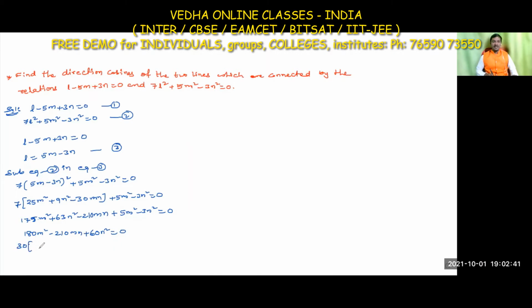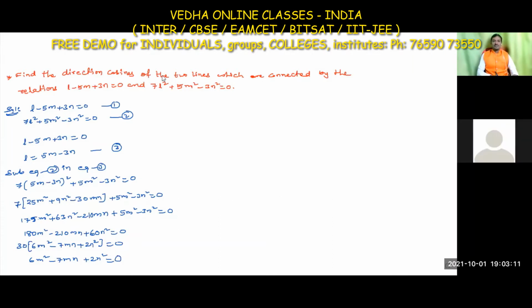If you take 30 common, 180 becomes 6m square, 210 becomes 7mn, and 60 becomes 2n square, equals 0. That means 6m square minus 7mn plus 2n square equals 0, since 0 by 30 becomes 0 only.